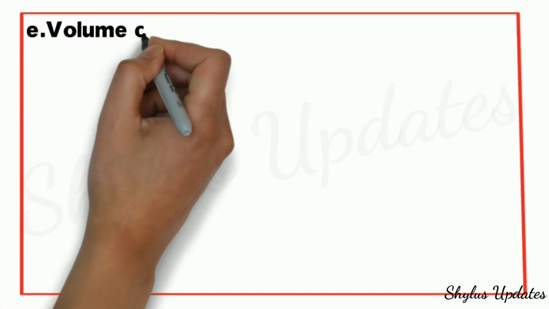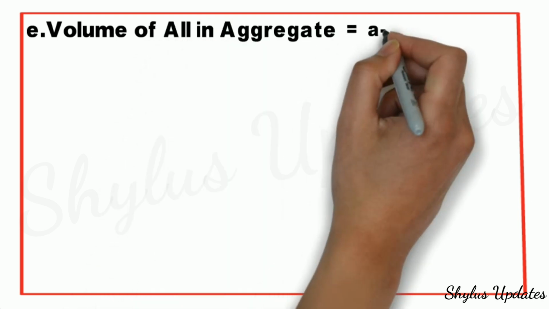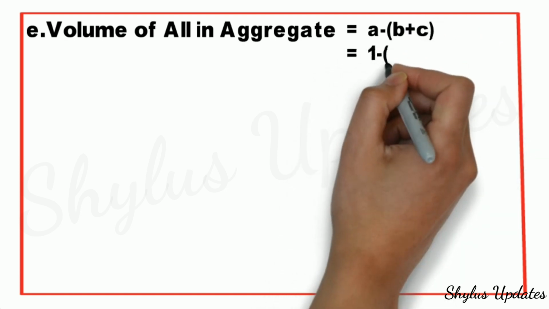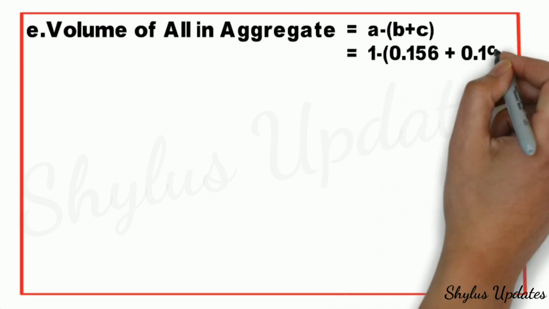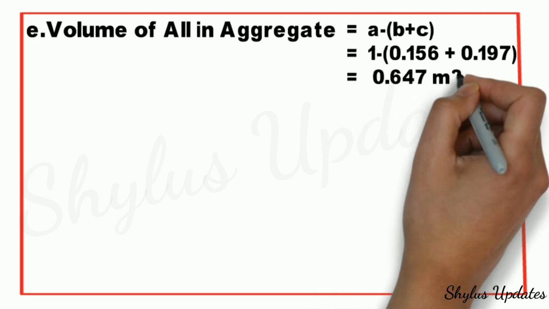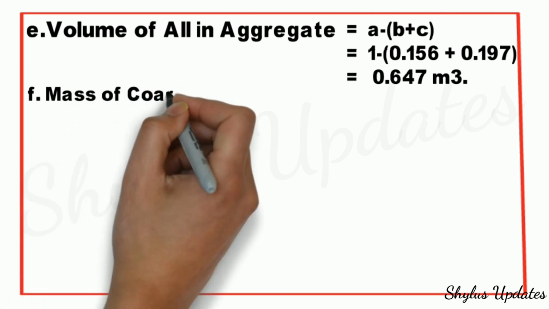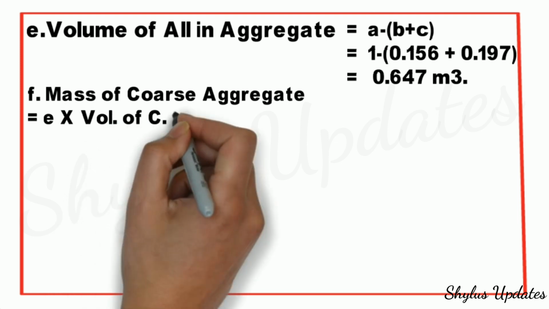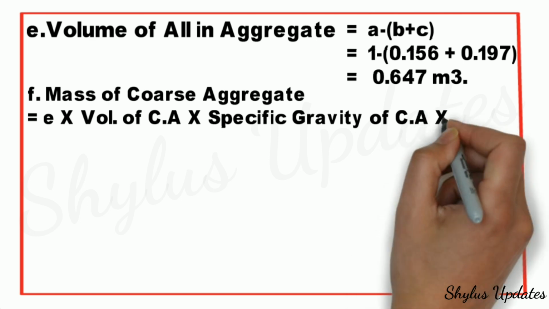Volume of all in aggregate, that is volume of concrete, cement and water, is equal to A minus B plus C, which is equal to 1 minus 0.156 plus 0.197. So we get the answer 0.647 meter cube. Mass of coarse aggregate is equal to E into volume of coarse aggregate into specific gravity of coarse aggregate into 1000.